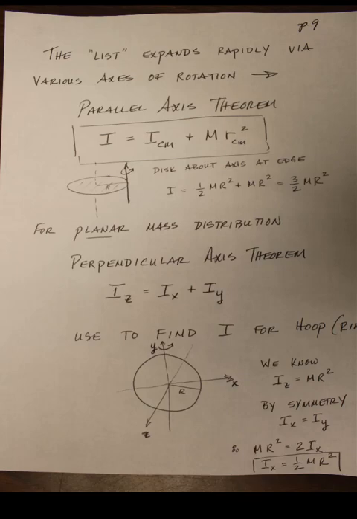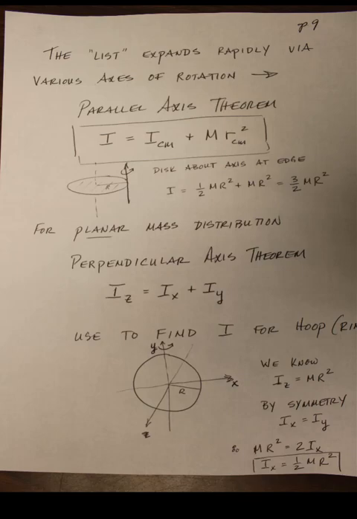So for a planar mass distribution, we can also come up with a perpendicular axis theorem. And that says, again, I'm not proving it, that the rotational inertia about an axis z that would be perpendicular to both x and y is Ix plus Iy.